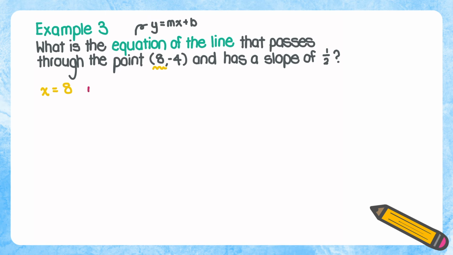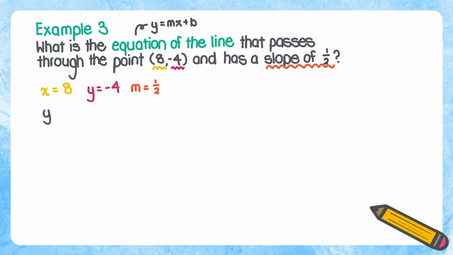And y is going to equal -4, or we're setting y equal to -4 based on this point. And we also know that the slope of this line is 1/2. So m equals 1/2, because right here we're given that the slope is 1/2.